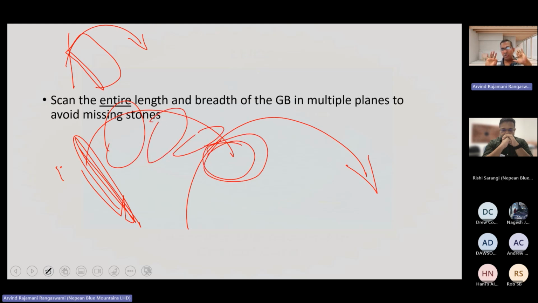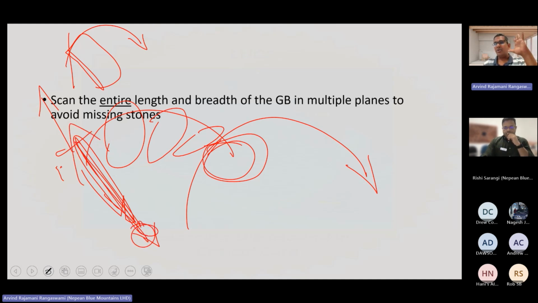You have to do this entire thing to look at every part of the gallbladder. Similarly, you then fan the gallbladder from cephalad to caudad, or right shoulder to left hip, in order to look at every part of the gallbladder from the neck to the fundus.